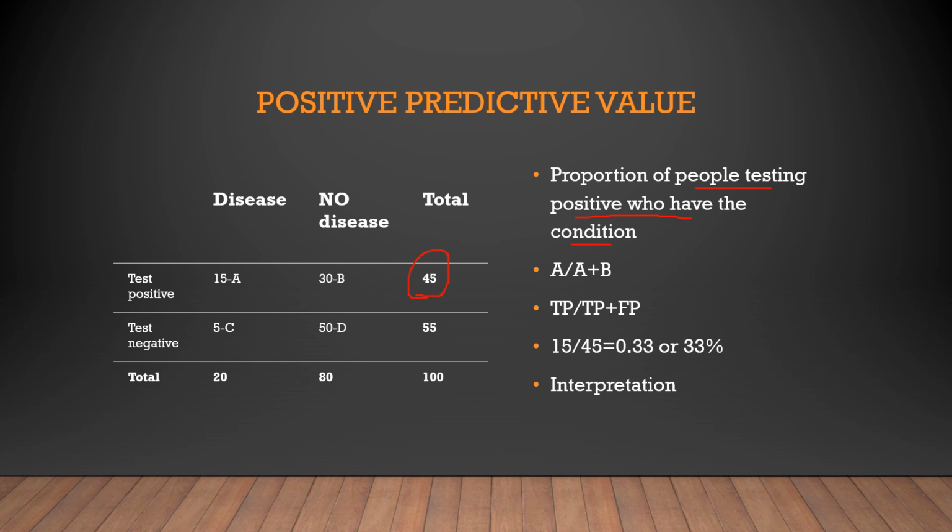So here 45 are the people who are testing positive, and among them who have the condition, there are 15 people who have the condition. So the proportion will be 15 by 45, or true positive divided by true positive and false positive. Correct? So 15 by 45, which is 33% approximately. So what is the interpretation? So the proportion of people testing positive who have the condition.